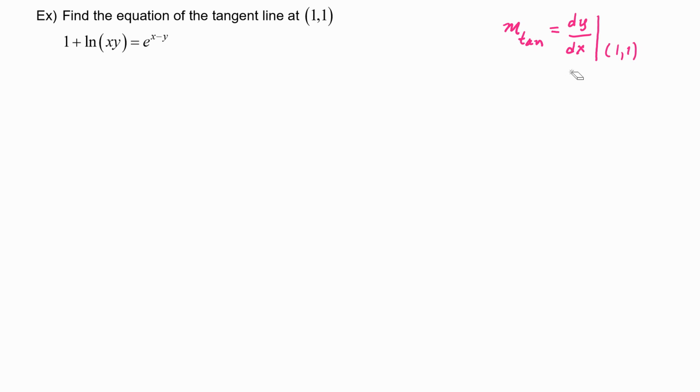So to get to dy dx, that tells us we need to take d by dx of both sides of this equation. So if we take the derivative with respect to x of the left-hand side, then we take the derivative with respect to x of the right-hand side.